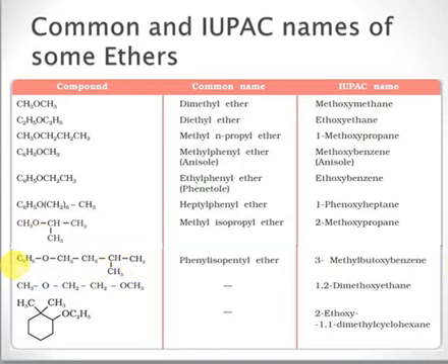Right, so here we have another structure. We have a benzene ring, so we have phenyl, and then we have 1, 2, 3, 4, 5. So we have a 5 carbon chain, and this 5 carbon chain is isopentyl.